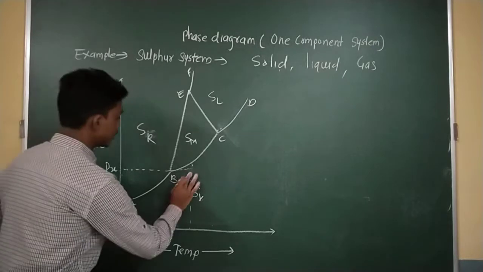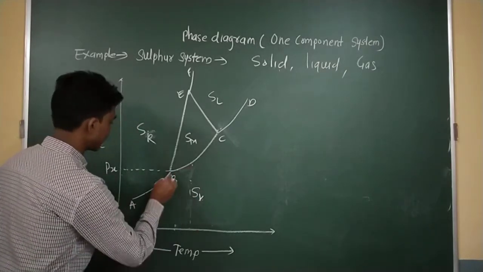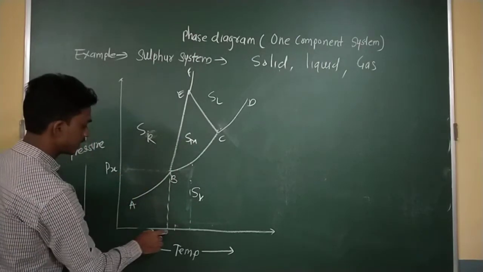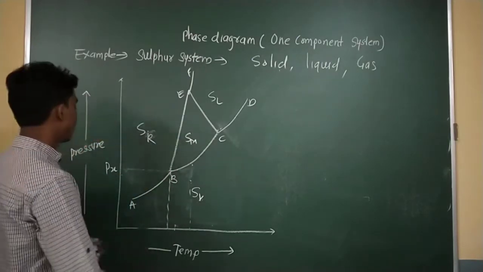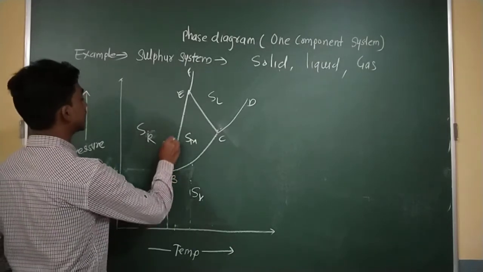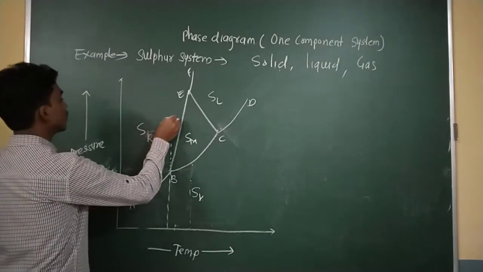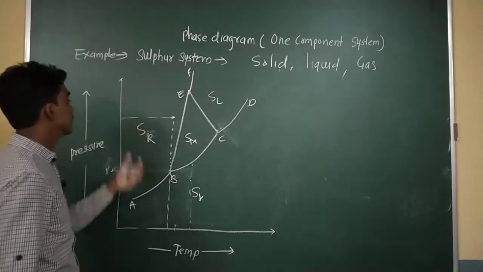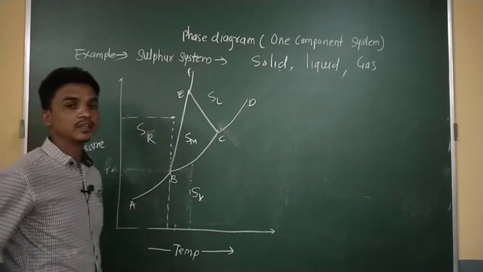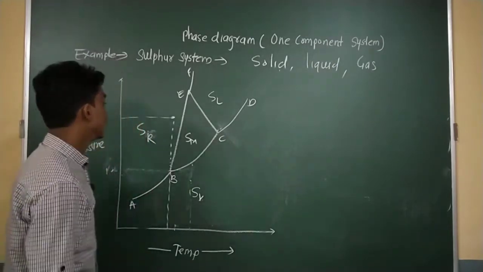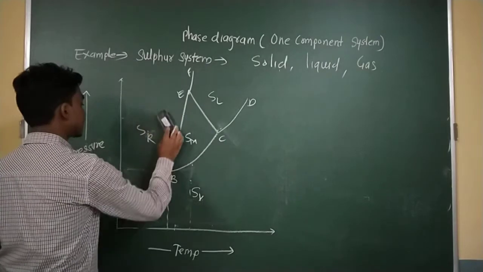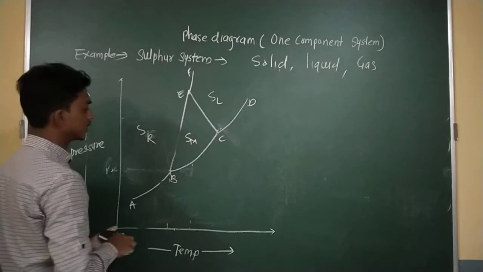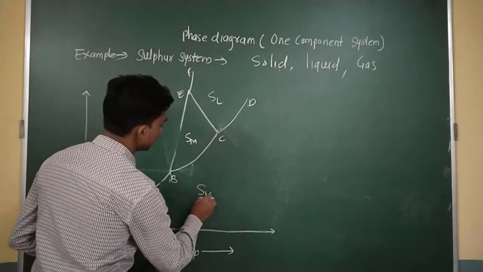But if I maintain the temperature constant and increase the pressure, what will happen? Every time I increase the pressure of the sulfur system, sulfur will be only in the rhombic form. This information comes from the phase diagram.